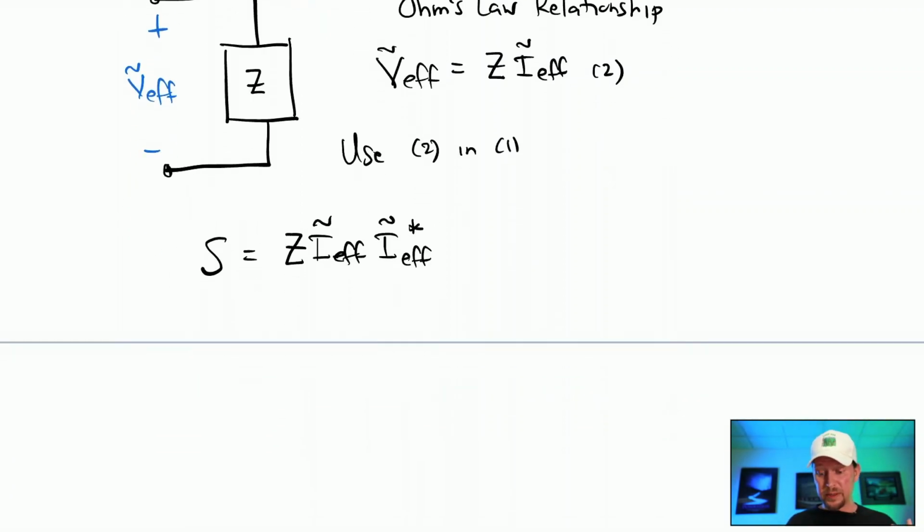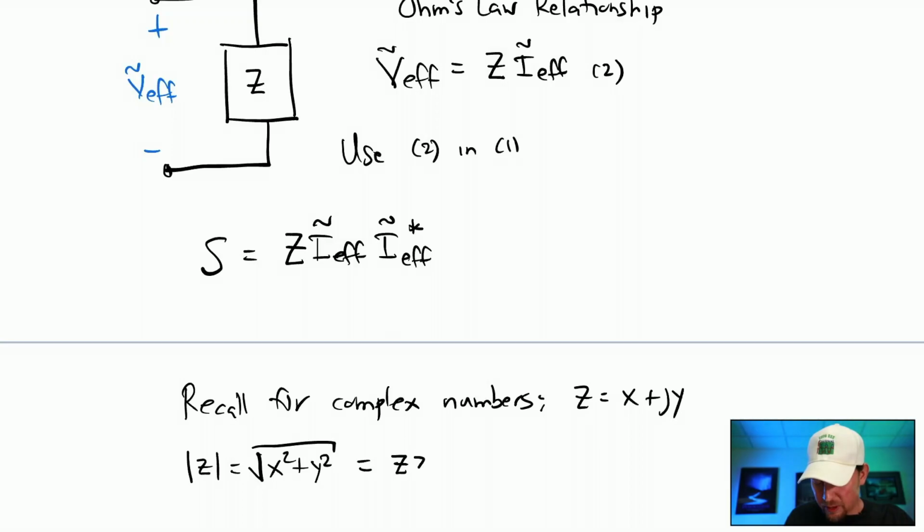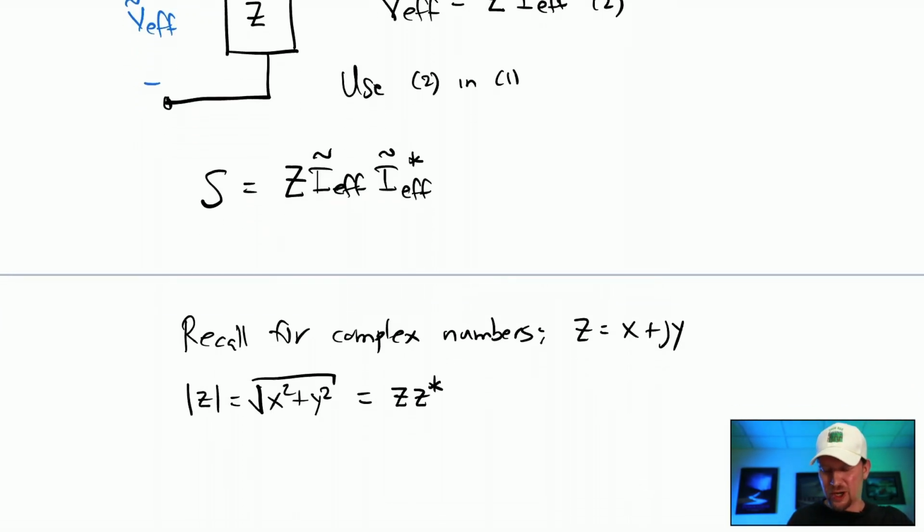Now this is one of the places where the complex number algebra actually comes into play. Remember that for complex numbers, if you have a complex number of the form z equals x plus jy, then the magnitude, which is the square root of x squared plus y squared, can actually be calculated much more easily if you take the complex number and you actually take its complex conjugate.